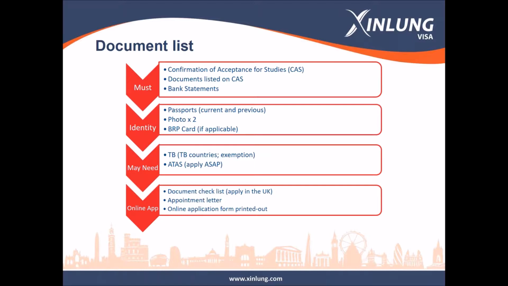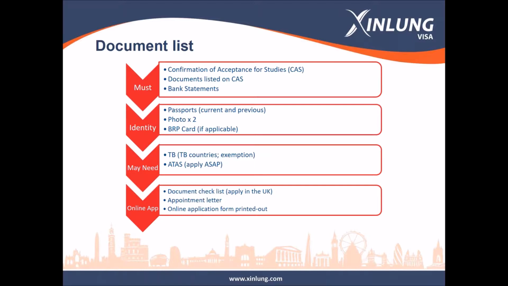First of all is the Confirmation of Acceptance for Studies, which we call CAS. CAS is essentially the unconditional offer issued by the university to confirm that they will accept you onto the course, with all the details. We will talk about CAS later on.